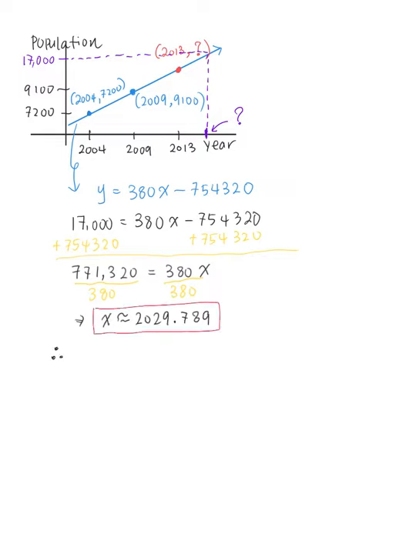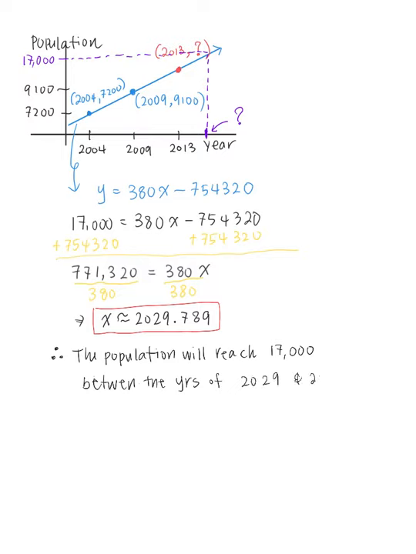Therefore, the population will reach 17,000 between the years of 2029 and 2030. And that is going to be our official answer. Let me just box that.